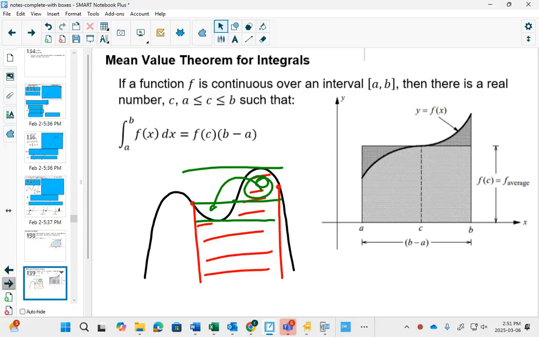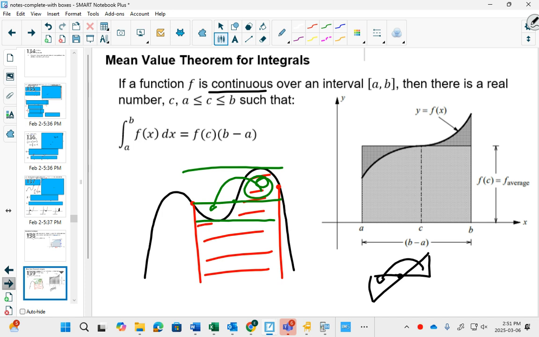So again, it only works if the function is continuous. If it's broken up, we run into problems. There will always exist some number in between there that does that. Really easy to see for a straight line, right? If you have a straight line, you just pick the part in the middle to make this triangle the same as that triangle, and it would flip in there.